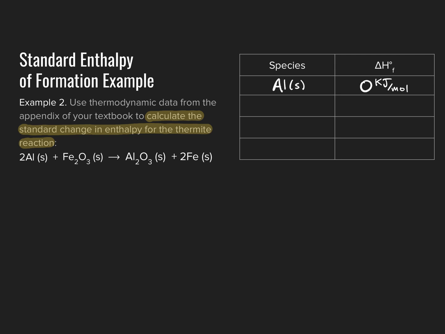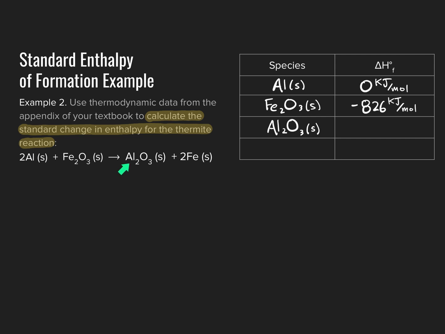The second reactant here, that is the ferric oxide, Fe2O3. As I look up that standard enthalpy of formation for ferric oxide in the back of my textbook, I find a value of negative 826 kilojoules per mole of ferric oxide formed. So a highly exothermic heat of formation. On the product side here, we have the aluminum oxide, Al2O3.